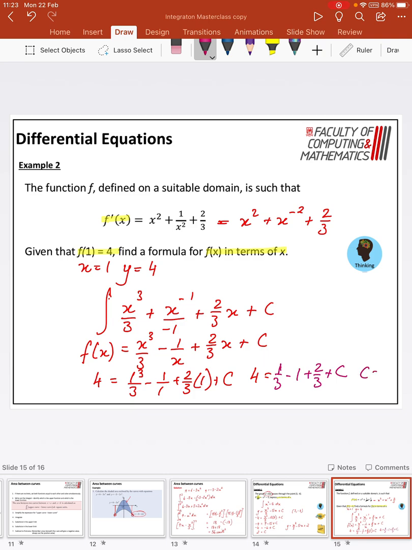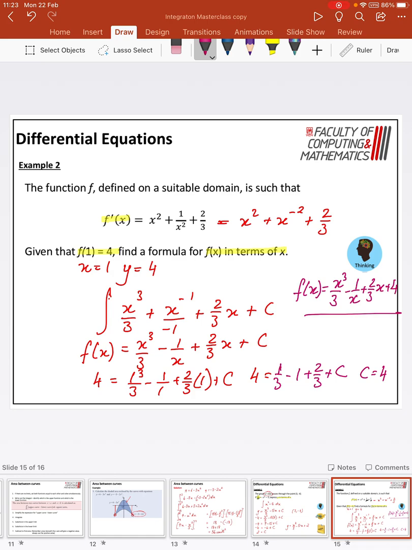So I get c is equal to 4. And as I said, it's always good form to write it out at the end. So I've got f of x is equal to x cubed over 3 minus 1 over x plus 2/3 x plus 4. And that would be my final answer.